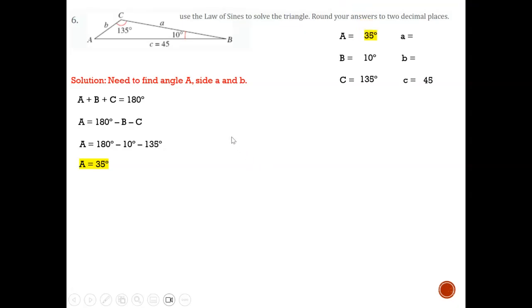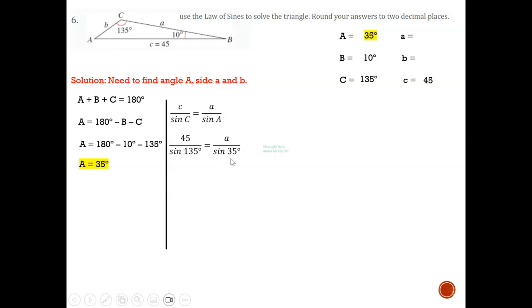Now we can use the law of sines, right? Because here we're going to use this pair, the angle C and the side c, to solve for a. To solve for a, we're going to use little c over sine of C equals little a over sine of A. Now let's plug in the values: 45 over sine of 135 equals a over sine of 35.